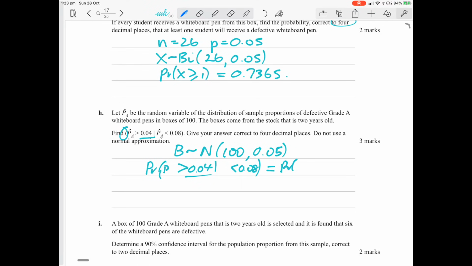So I want where they intersect, which is 5 less than or equal to B, which is less than or equal to 7, over the probability that 0 is less than or equal to B, which is less than or equal to 7.